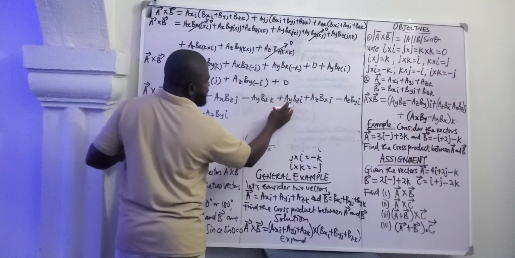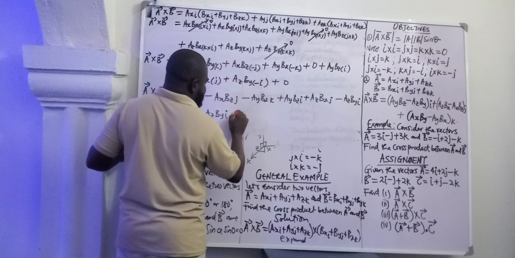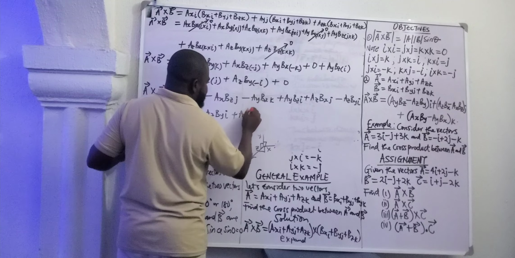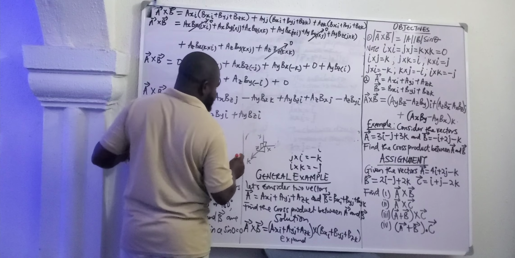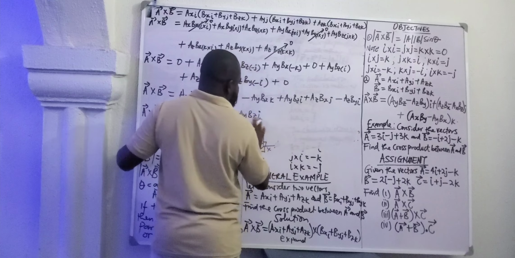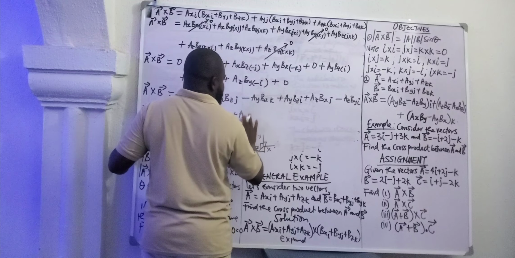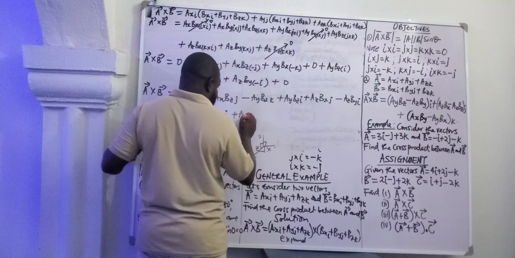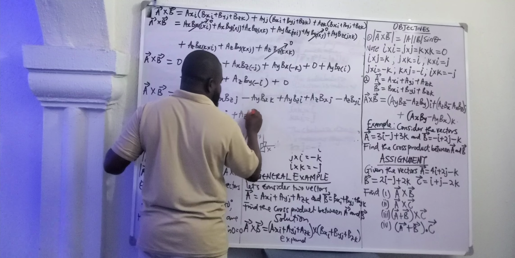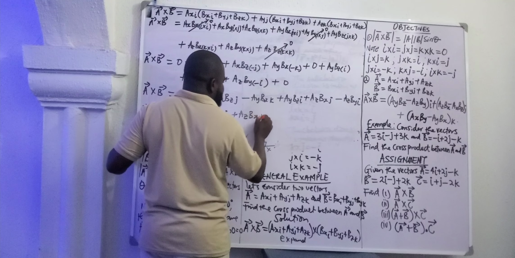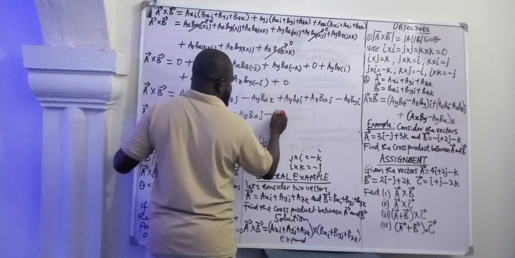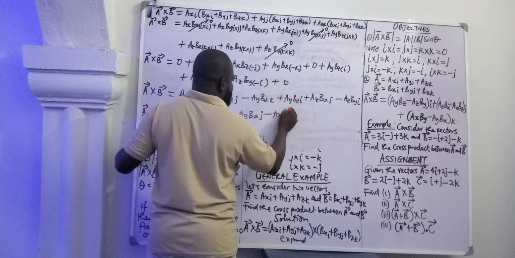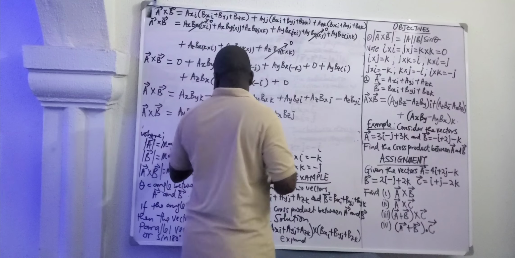I have plus az bx j, minus ax bz j, next the k.